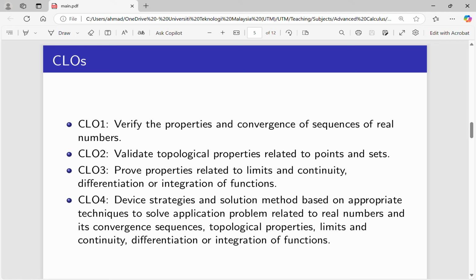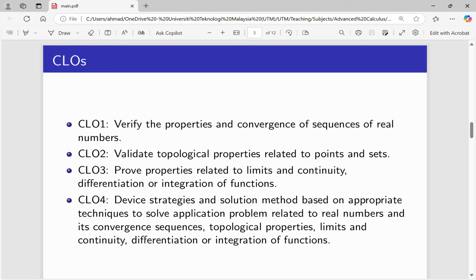Last time you learned about calculating limits, but we are not doing that in this course. What we are going to do is define the limits itself, and prove them by using the definition.